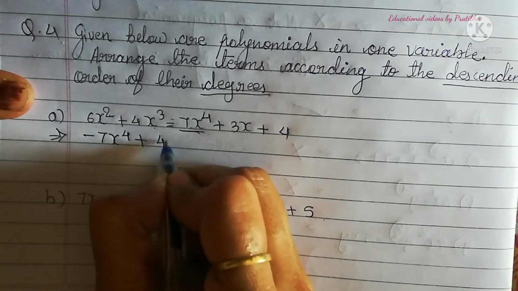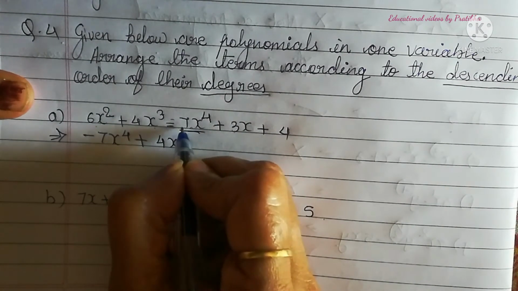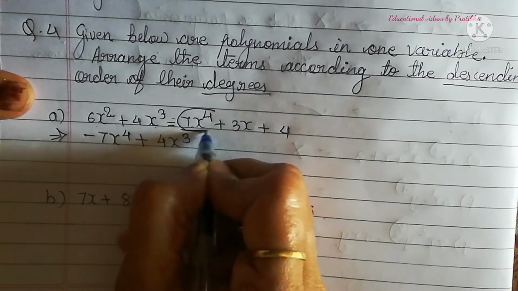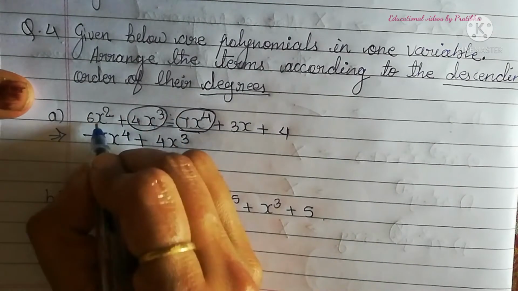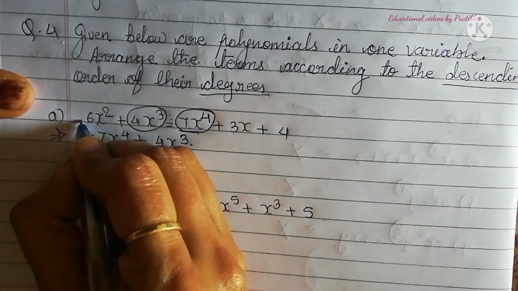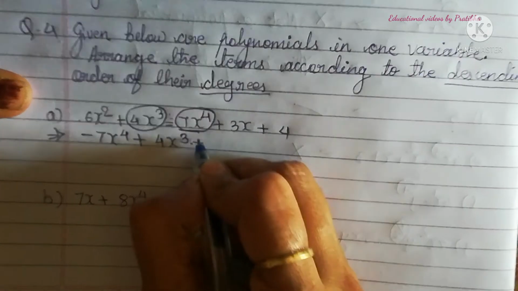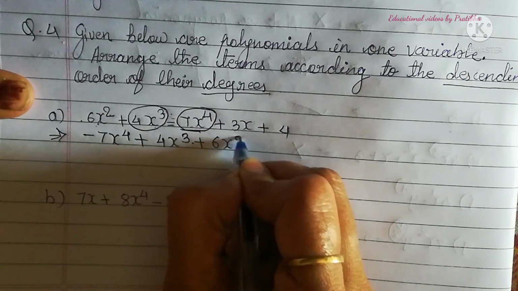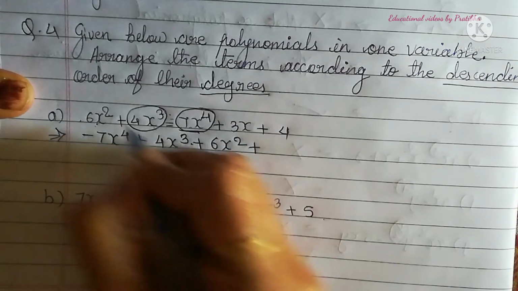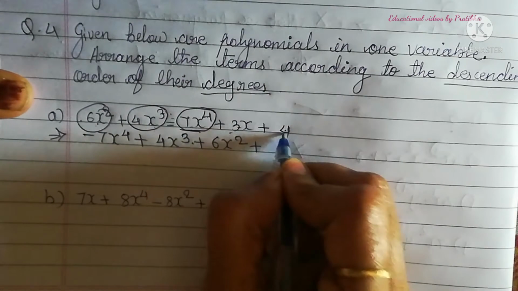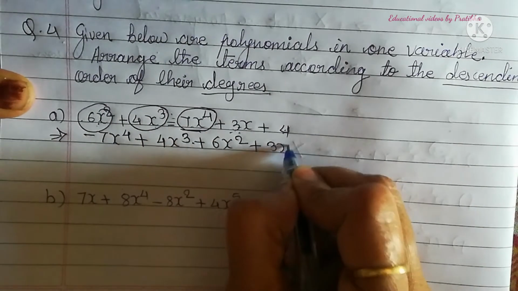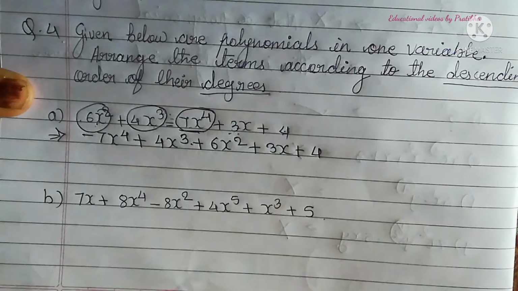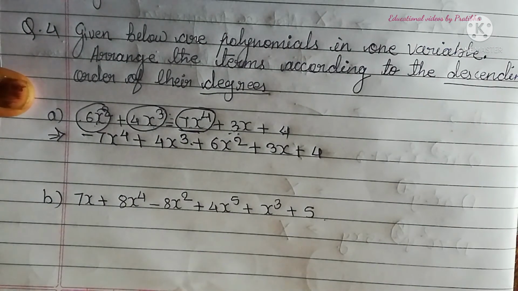Next is power 3, so 4x cube. So we have written this term, the second term. Now next, after 3 we will be writing the first term, that is plus 6x square. Then we will write 3x. Now only 2 terms are there, from that 3x will come first and then 4. So this is our answer.